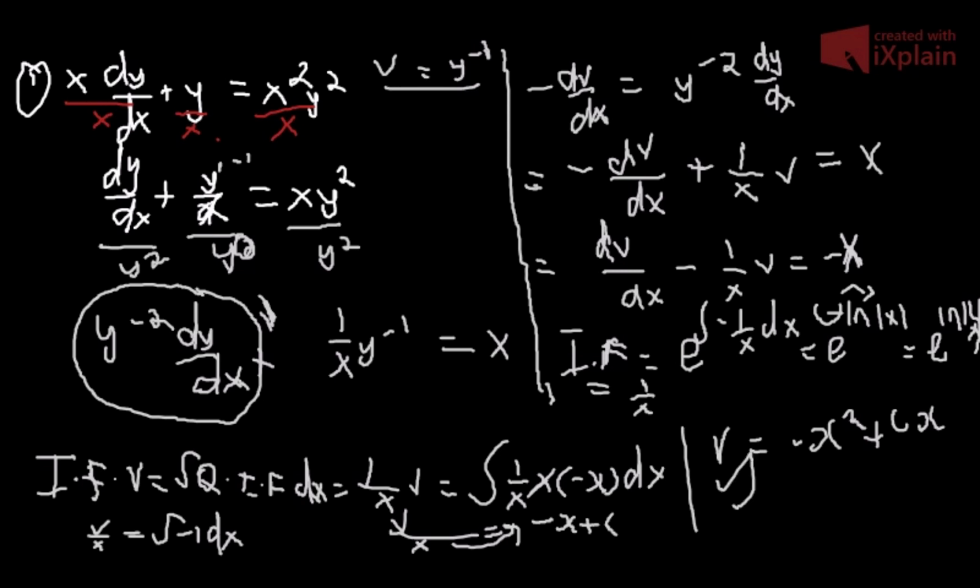So we put back y to the power negative 1 equals negative x squared plus cx. That can be your final answer, or you can choose to finish it up by saying y equals 1 over negative x squared plus xc.